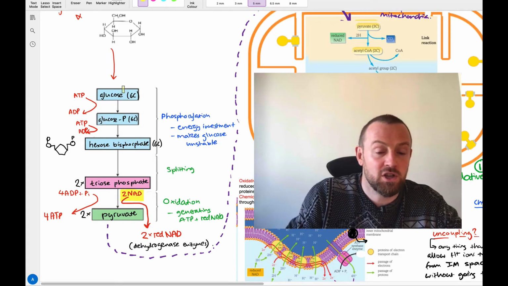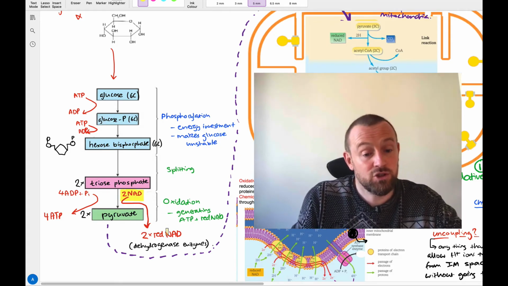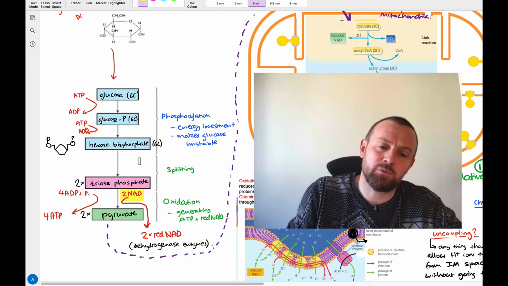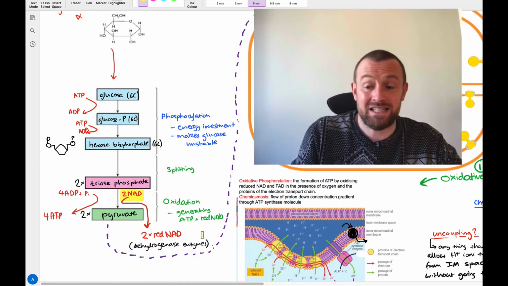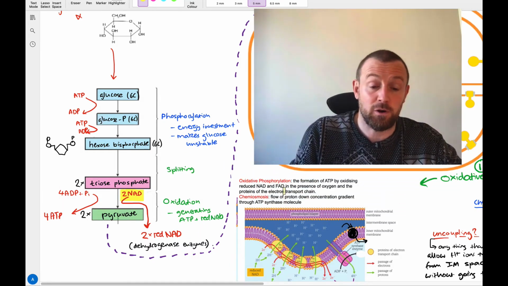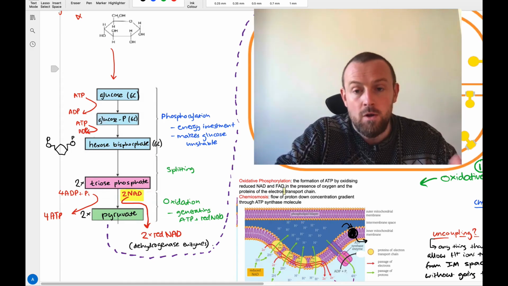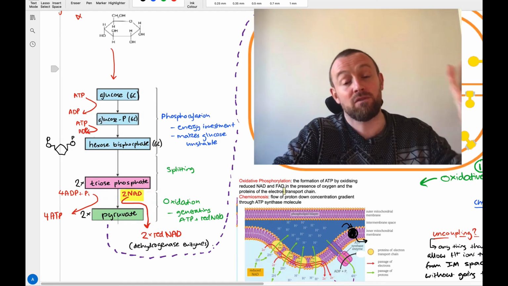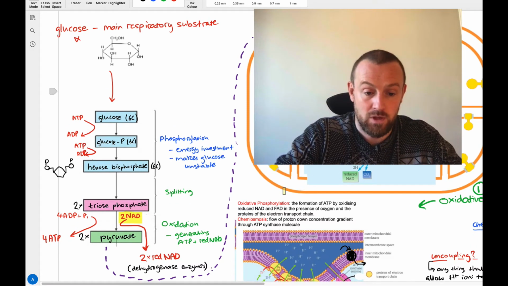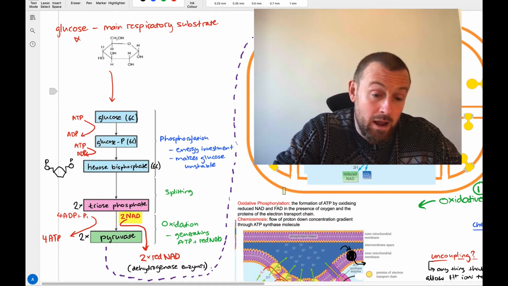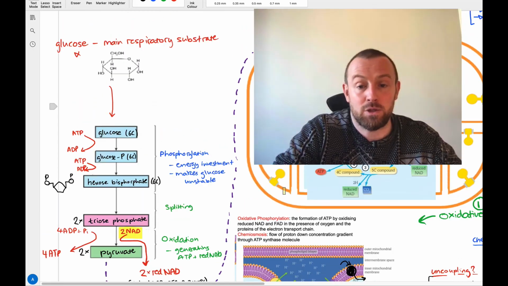Now, if glycolysis occurs, NAD is reduced. And if glycolysis kept on occurring, we produce more and more reduced NAD. But remember, without oxygen, there's no oxidizing the NAD later on in oxidative phosphorylation. It doesn't happen. So, in anaerobic respiration, we have to find a way of regenerating oxidized NAD. Otherwise, glycolysis wouldn't happen itself and we wouldn't get any ATP produced at all.